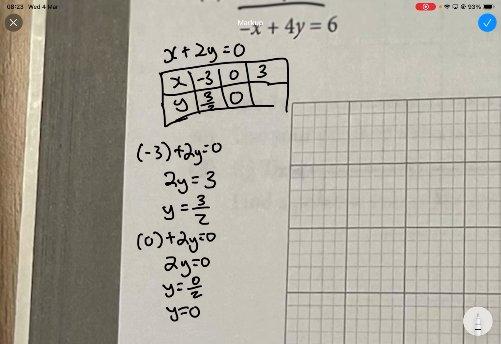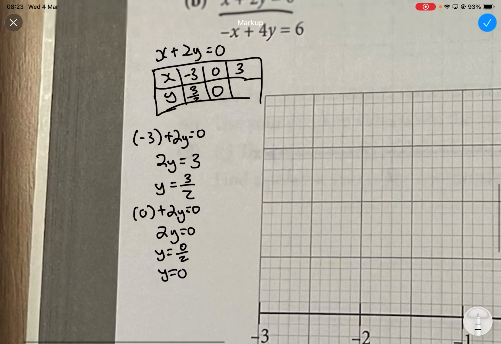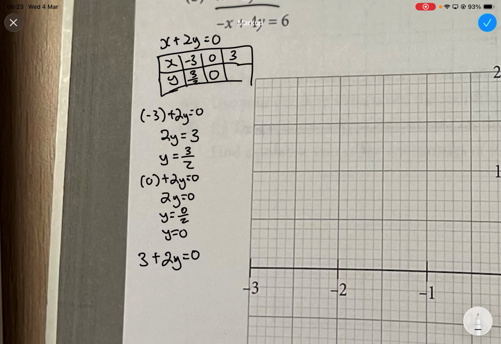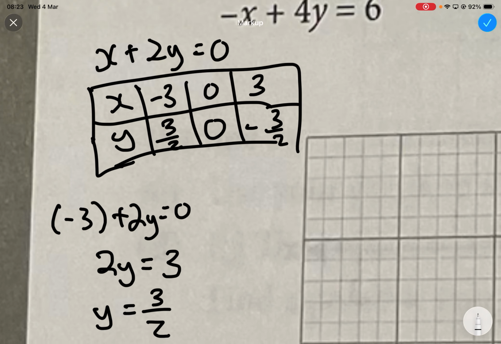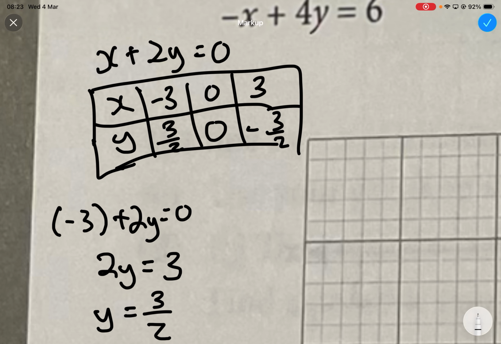Then when x is equals to 3, same equation, 3 plus 2y equals to 0, 2y equals to negative 3, y equals to negative 3 over 2. So I have 3 points that I can plot onto the graph.